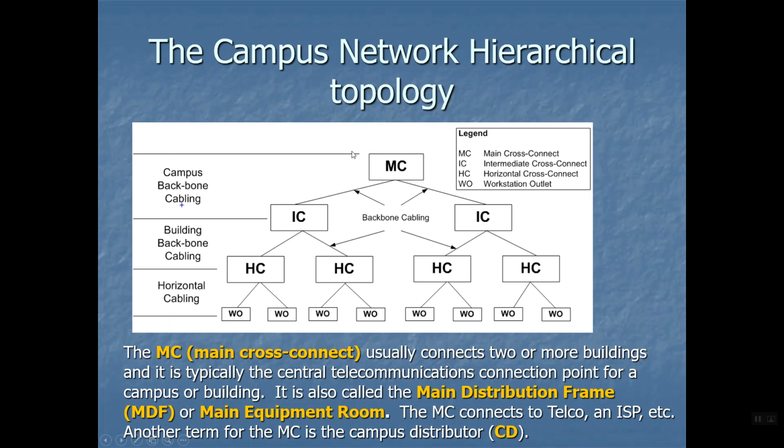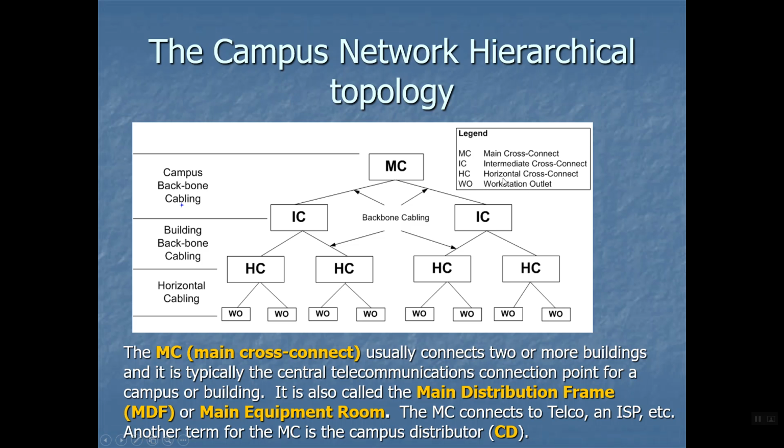All right, so the campus topology. The main cross connect usually connects two or more buildings. It is typically the central telecommunication connection point of a campus building. Everything connects here; this is your main computer room, so everything is there.